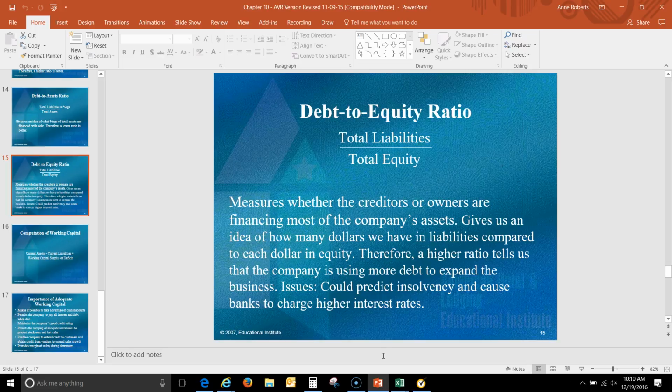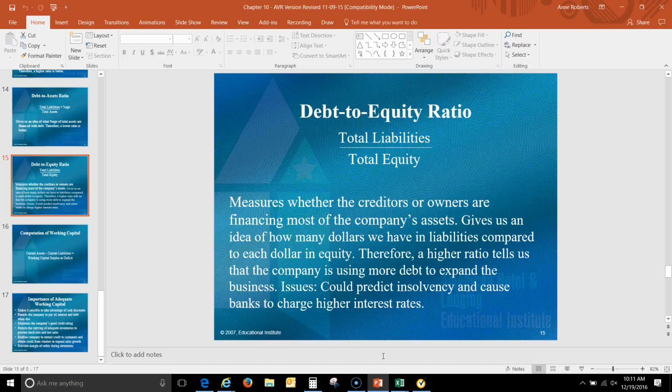Okay? If we get a 5.5 on this ratio, that means for every dollar in equity, we have $5.5 in liabilities. So if we try to put it in assets equal liabilities plus owner's equity, we're still going to get 1 in equity, but now we're going to have 5.5 in liabilities, and we would have 6.5 in assets.